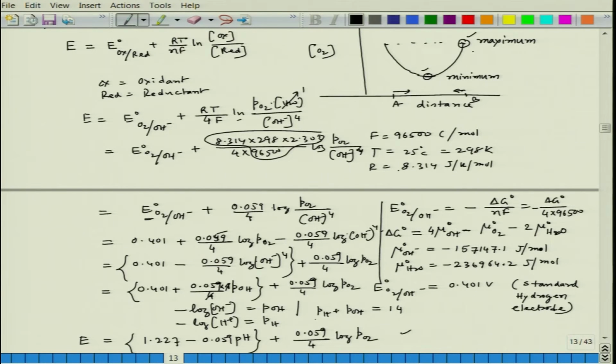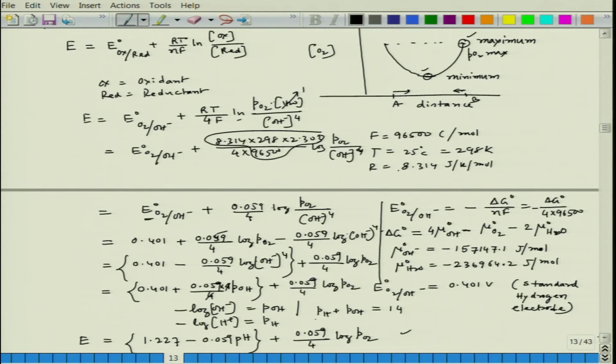Definitely, PO2 would be the maximum here. If the outside atmosphere is 1 atmosphere, it will not be exactly the same, because it has to be as per the fraction of oxygen present in that atmosphere, but it will be maximum.